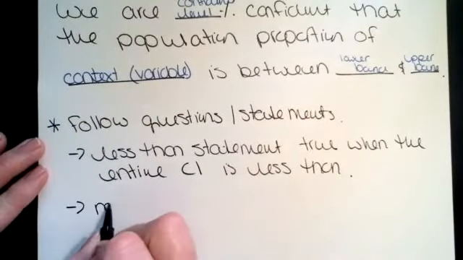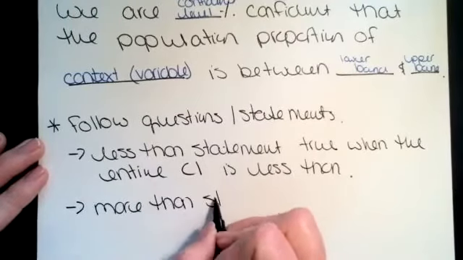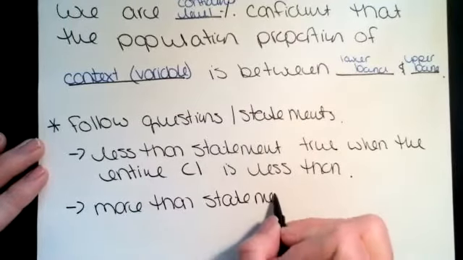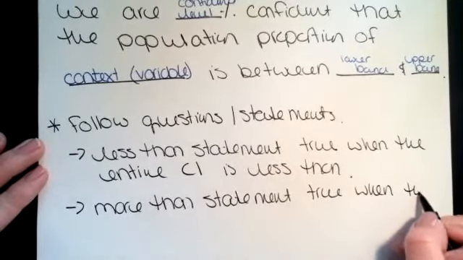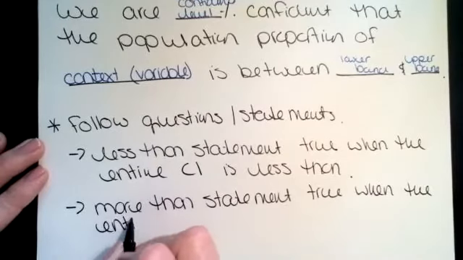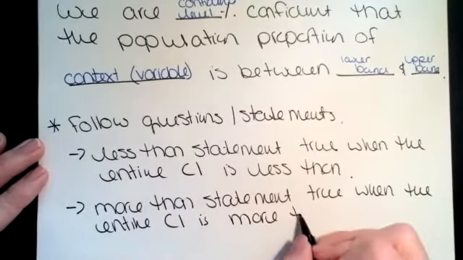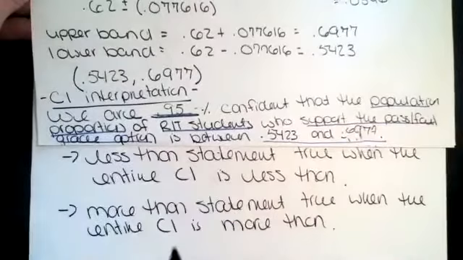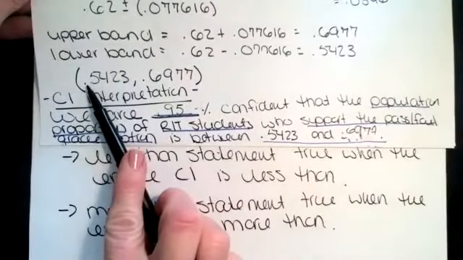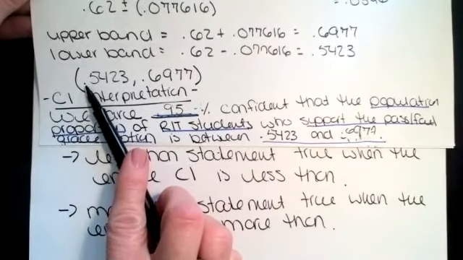Similar for the more than statement. So a more than statement is true when the entire CI is more than. So whatever we're talking about. So for example, if we're going back to this example here, you could say, is it true that more than 50% of the RIT students support that pass-fail grade option?